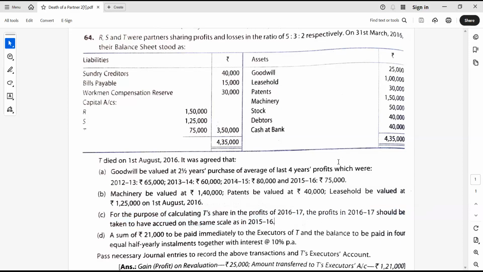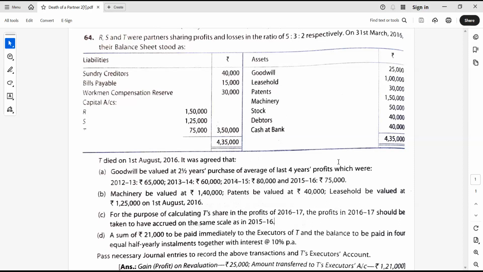This is a good question. So R, S, and T were partners sharing profit and losses in the ratio 5:3:2, respectively. On 31st March 2016, their balance sheet stood as sundry creditors 40,000, bills payable 15,000, workmen compensation reserve 30,000, capital account of partners are given, goodwill, leasehold, patent, machine, stock, debtors, cash at bank.